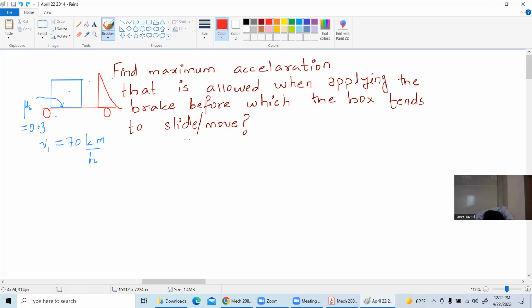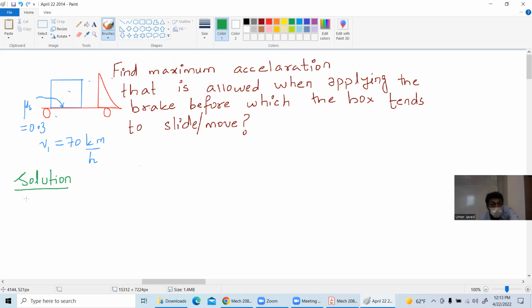So the point is that I'm going on this truck and I have some sensitive equipment back there. If I really push the brake, like boom, the whole equipment wants to move. I don't want that, right? So I really want to apply the brakes gently. So the solution: I have to find the maximum acceleration that can be subjected to this cart.